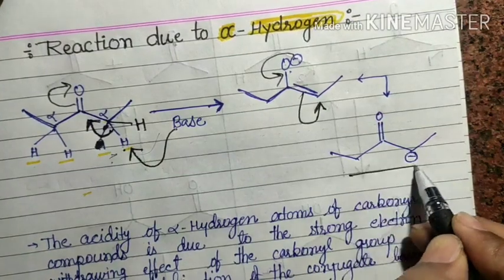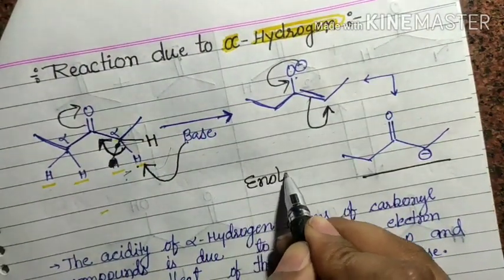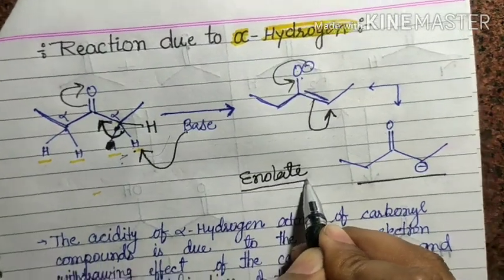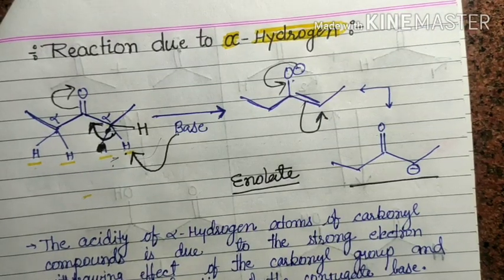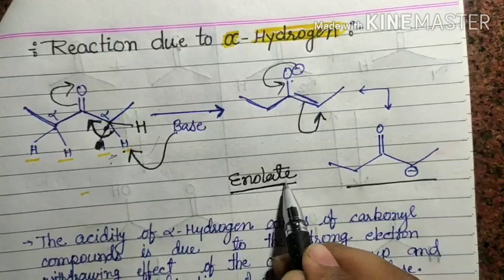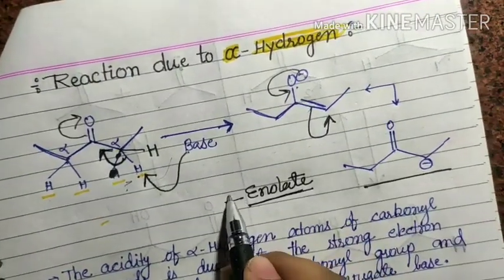And now about this structure. This structure is called enolate. This is a vast branch of chemistry, termed enolate chemistry. So this is the enolate intermediate, and the property of the enolate is that this negative charge may behave as a nucleophile.